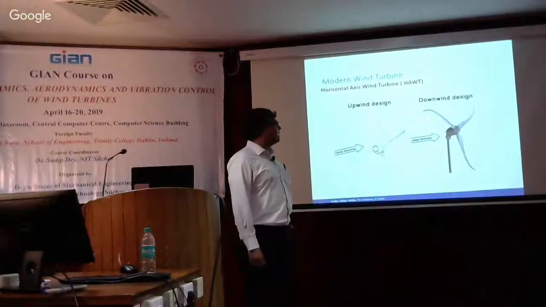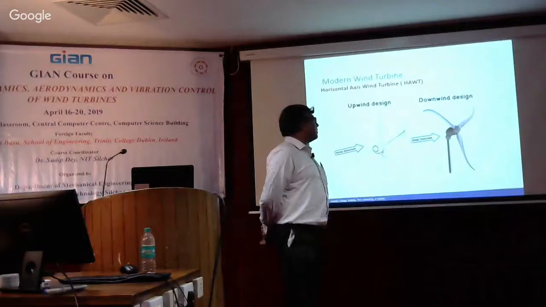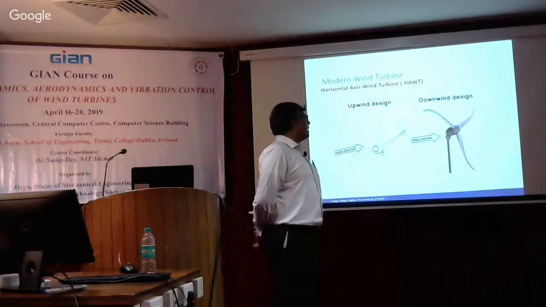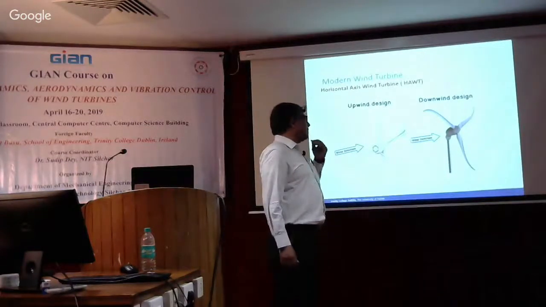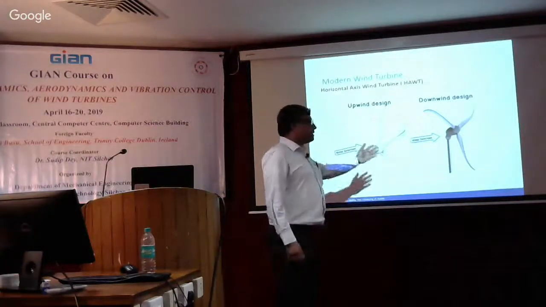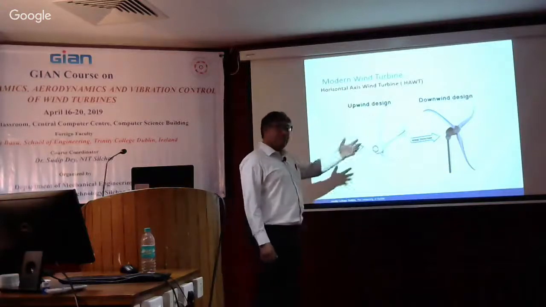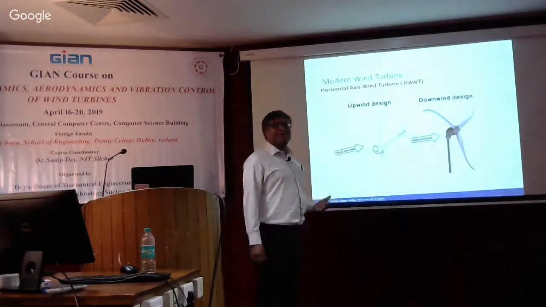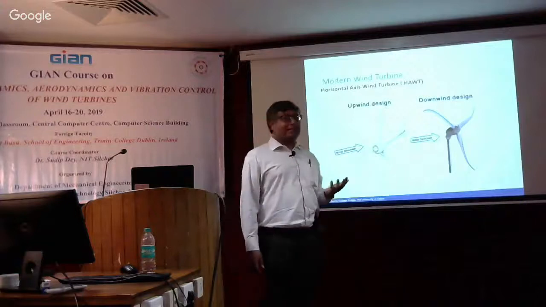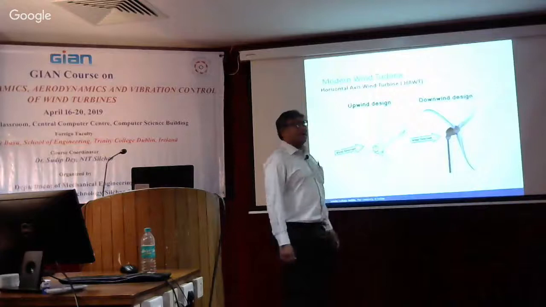Whereas on the right-hand side, you can see a wind turbine, but in this case the wind direction is coming from the back. This is a downwind turbine. As we discussed, if the wind comes from the back, we don't even need mechanics to say that the wind is being obstructed by the tower.